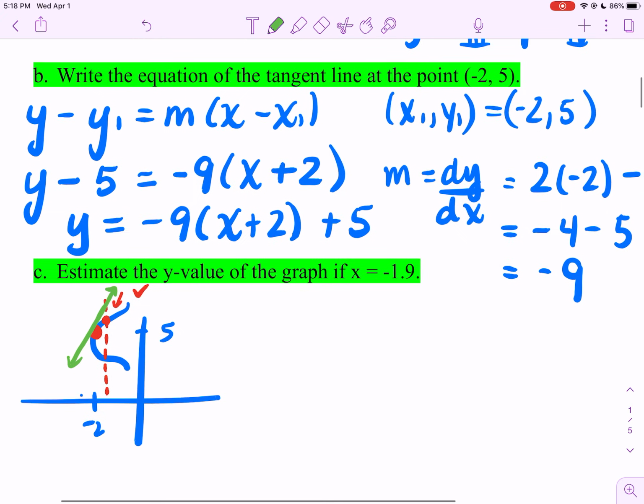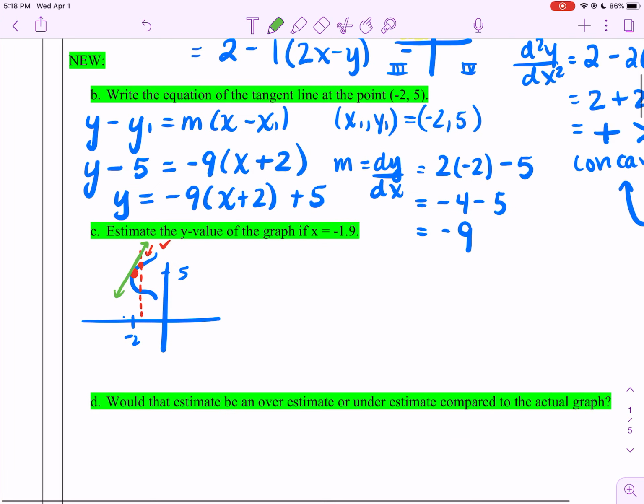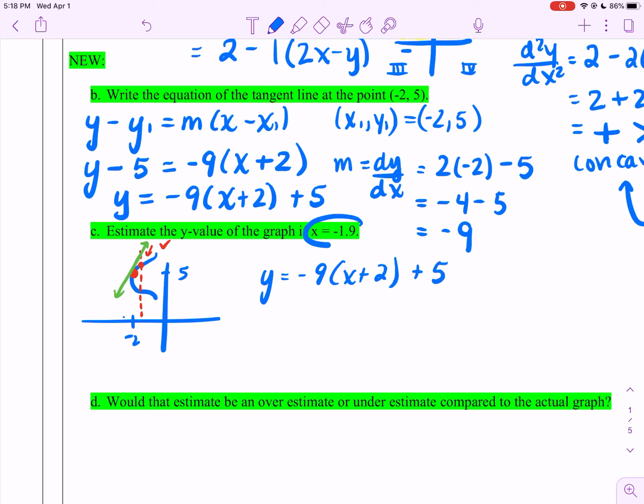When we want to do our approximation, we're going to take the equation of our tangent line, which happens to be y equals -9 times (x plus 2) plus 5, and we're going to substitute this value right in for our x. Remember, this is not an exact value for y, this is just an approximation. So y is now approximately -9 times (-1.9 plus 2) plus 5.